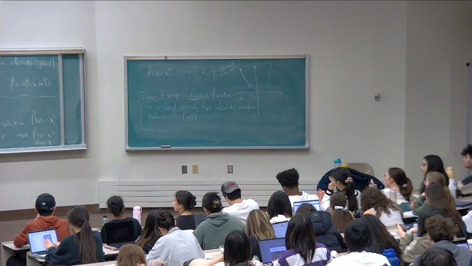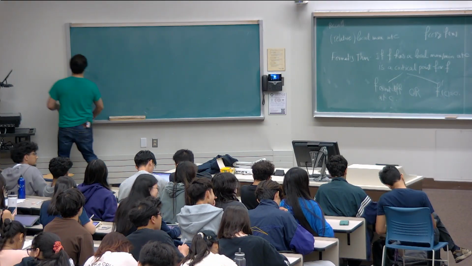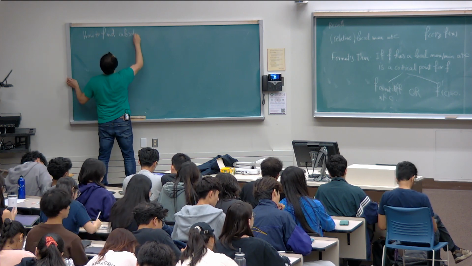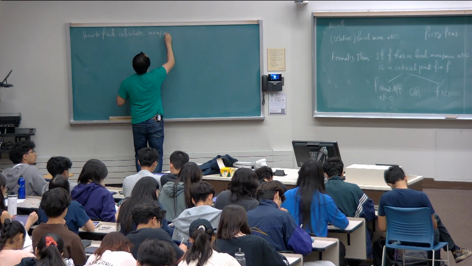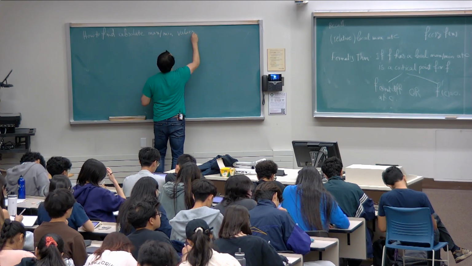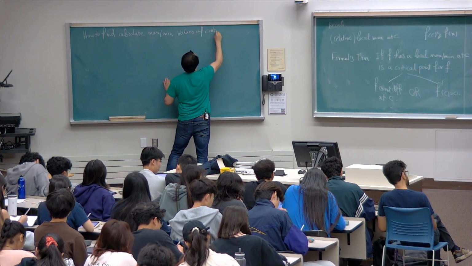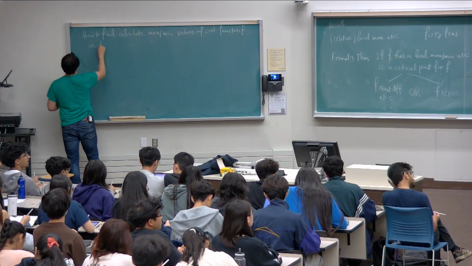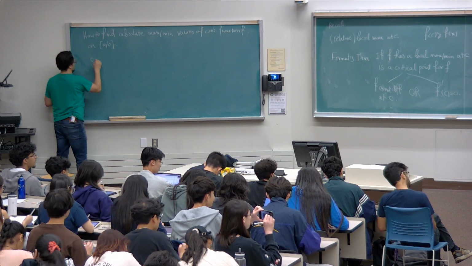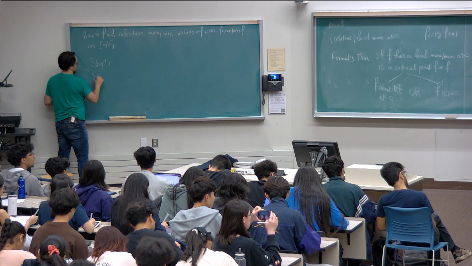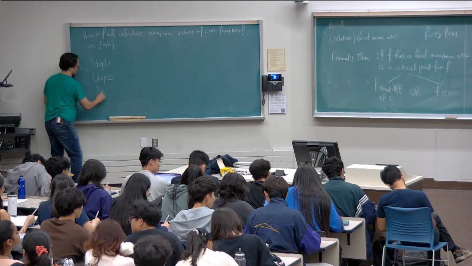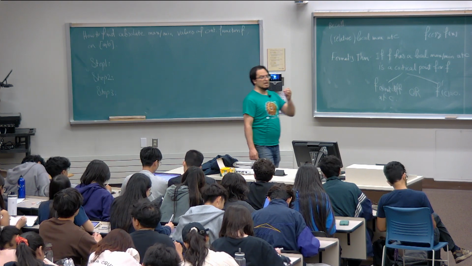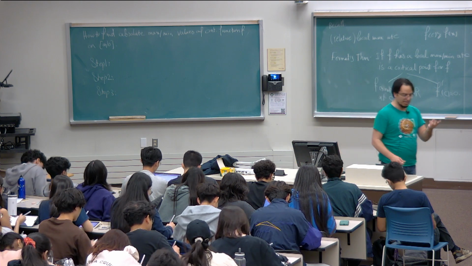Okay, then how to find the absolute max and min values of a continuous function on an interval A. I'm writing it in step form, but what I want you to understand is this.